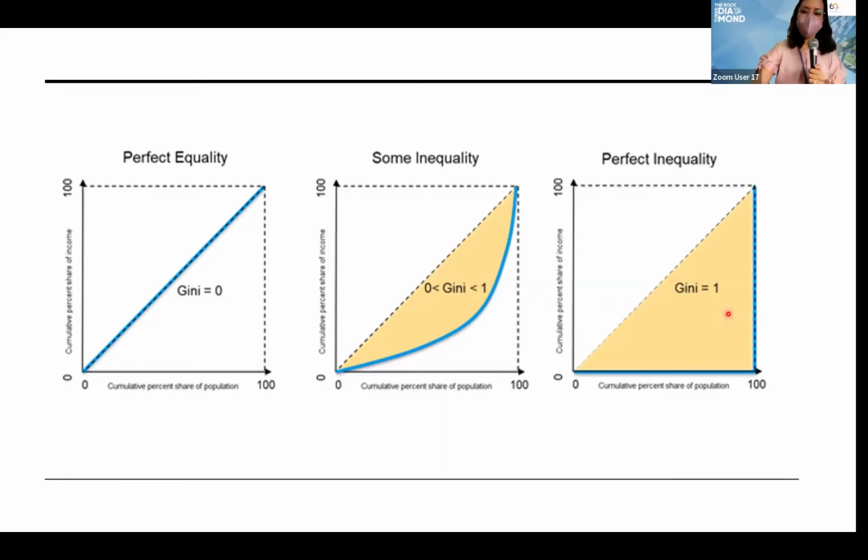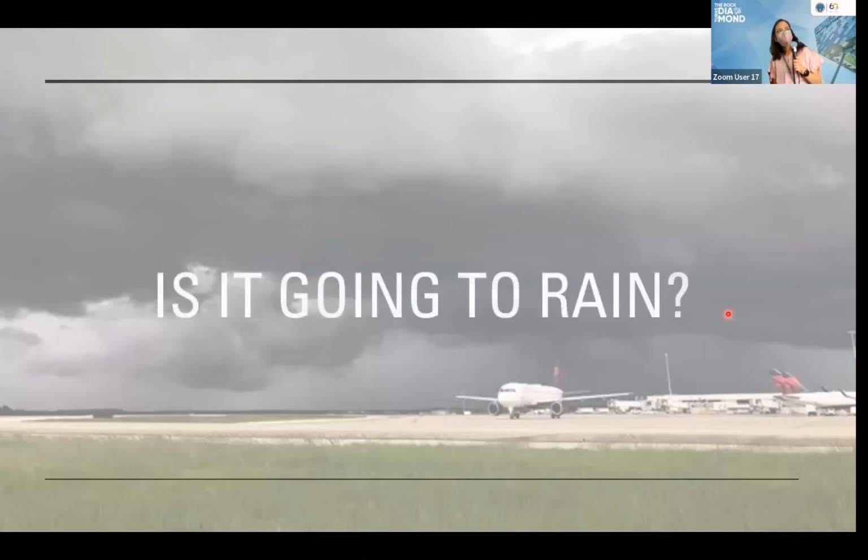Another example. Is it going to rain? What do you think? Another example of statistics: when it's dark outside, you say, "Oh no, it's going to rain. I want to go home first." It's not raining yet, but how do you know?